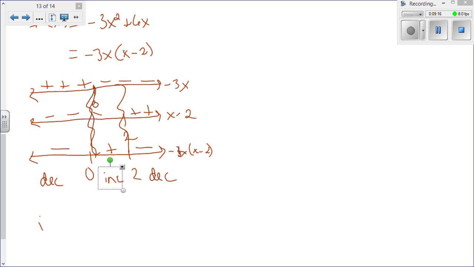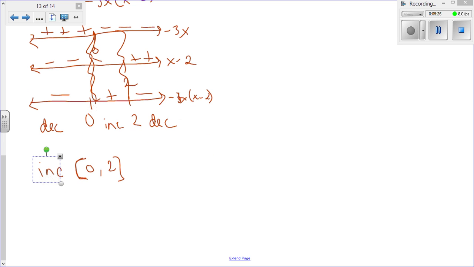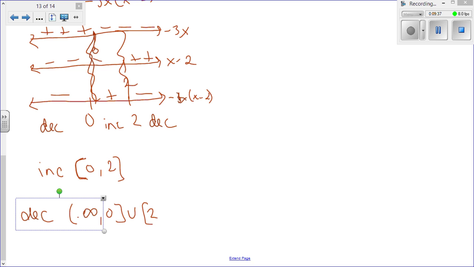So we are increasing on the interval from 0 to 2 with hard brackets, because I'm including 0 and 2, because I'm not undefined at those spots. My function is decreasing from negative infinity to 0, union, 2 to positive infinity.